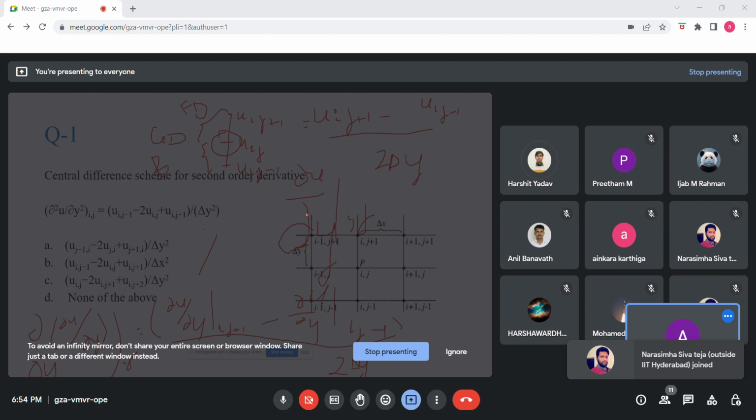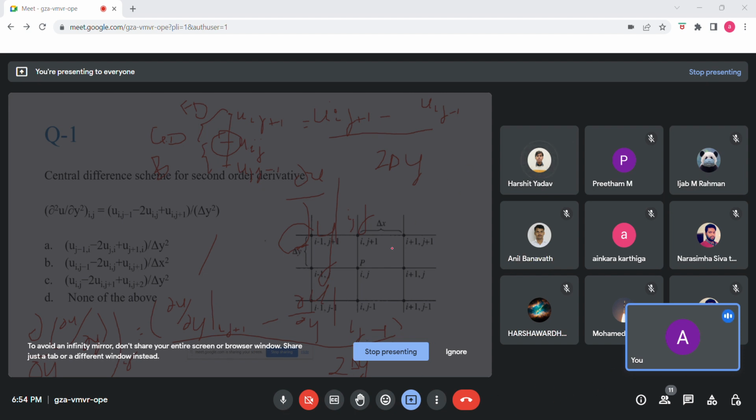Similarly, for getting a central difference for dou square u by dou y square, we'll be using a derivative of a derivative, that is dou by dou y of dou u by dou y at i comma j. So similarly, how we have done here, we use dou u by dou y at i j plus 1 minus dou u by dou y at i j minus 1 divided by 2 delta y.